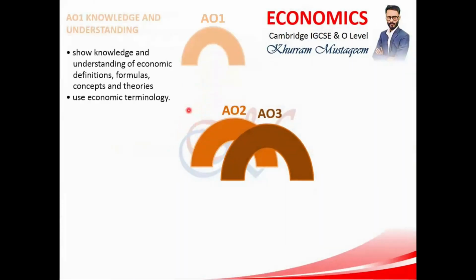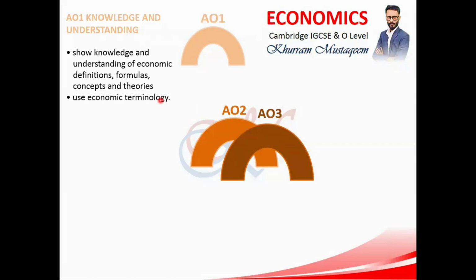Assessment objective 1 is all about knowledge and understanding. What does it mean? Show knowledge and understanding of economic definitions, formulas, concepts, and theories. Use economic terminology. For example, when the question comes with define, state, or identify, you have to write only the definition from the book or particular material. You have to cram it, you have to retain it in your mind.